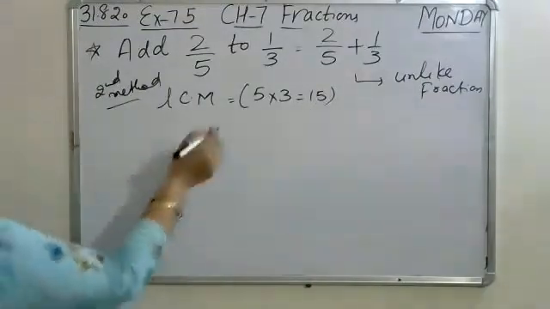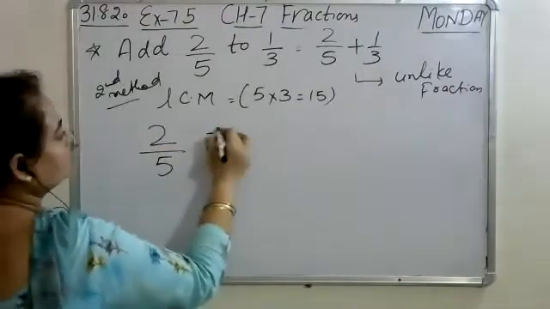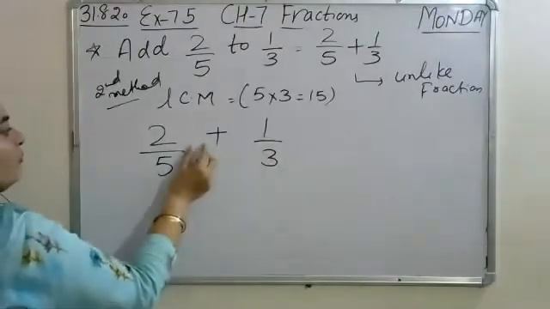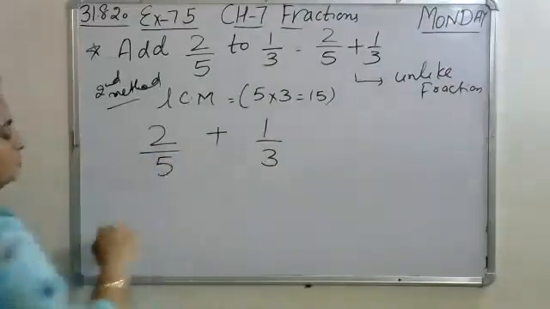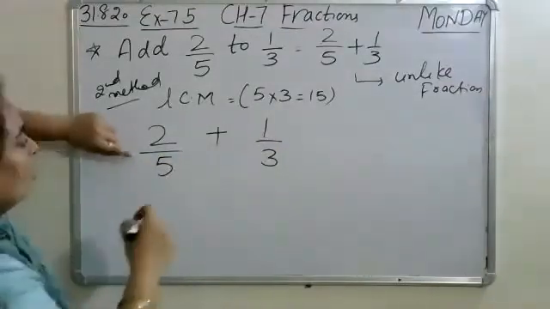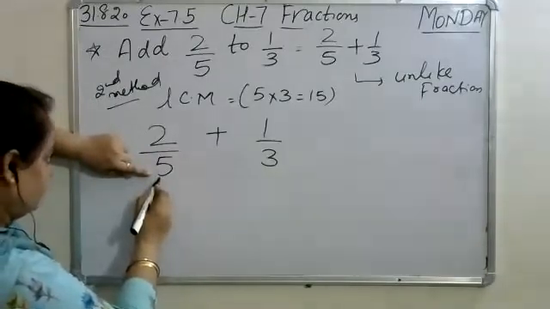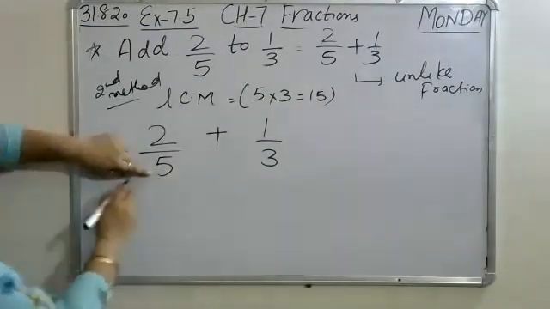Now, Tanya, tell me what is the next step? LCM is 15 here. Yes, ma'am. Tell me the next step. Write with some space here, all of you. Now, yes, tell me. Ma'am, we will divide the LCM by 5 and multiply it with the 2 on top, and that will be the answer.